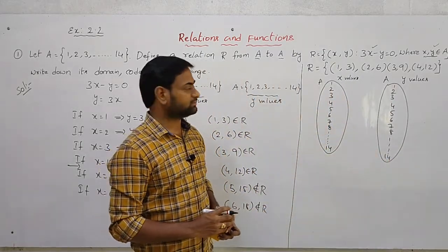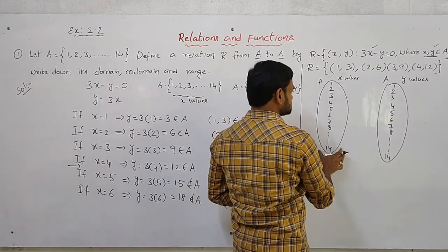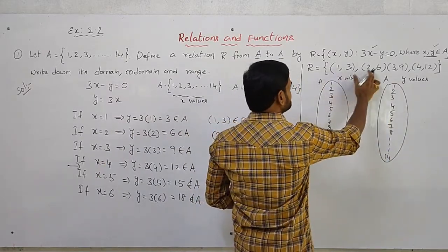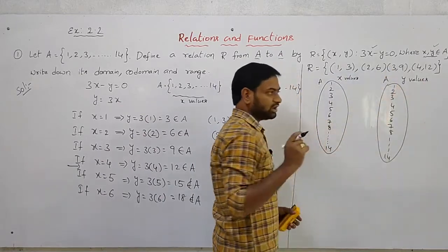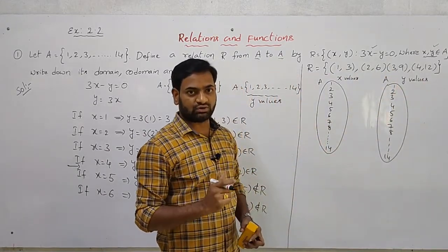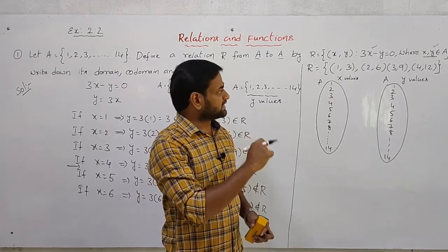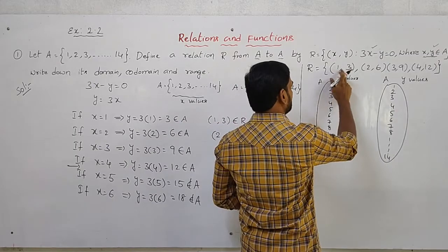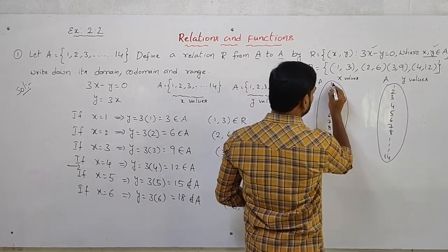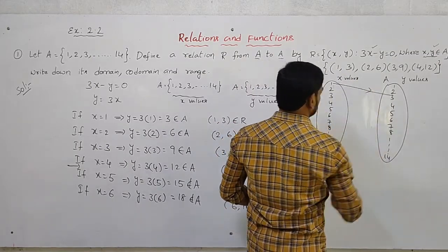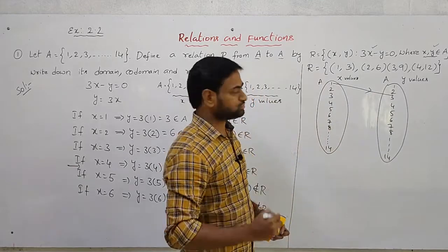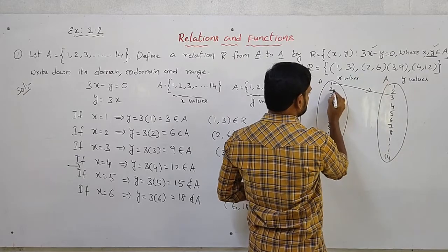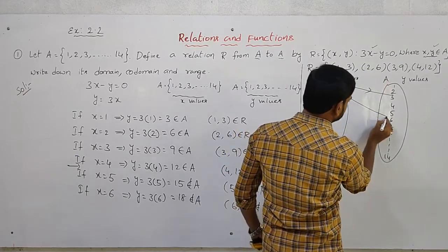Now take the mapping. These are the X values, these are the Y values. In the ordered pair, first values are X values, second values are Y values. So X value is 1, Y value 3, so the mapping is 1 to 3. X value is 2, Y value 6, that is 2 to 6.